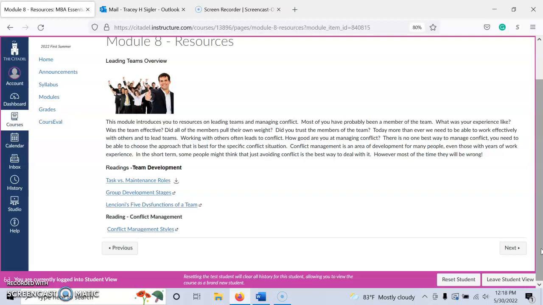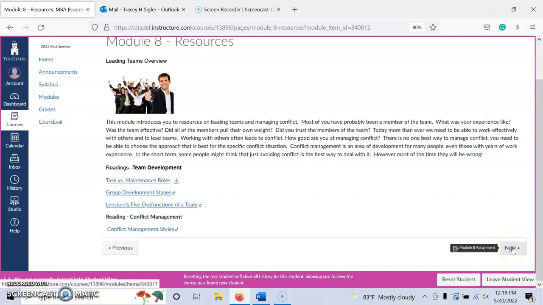Group development stages: we know that it takes time for a group of people to develop into a team. And then we know Lencioni has a book called The 5 Dysfunctions of a Team that helps us evaluate and understand if teams are not meeting their potential, if they're not performing. And then one reading on conflict management.